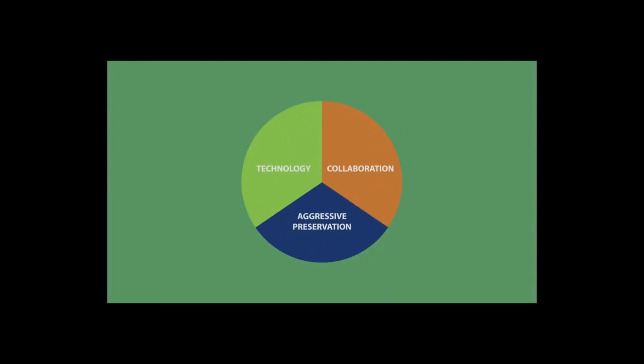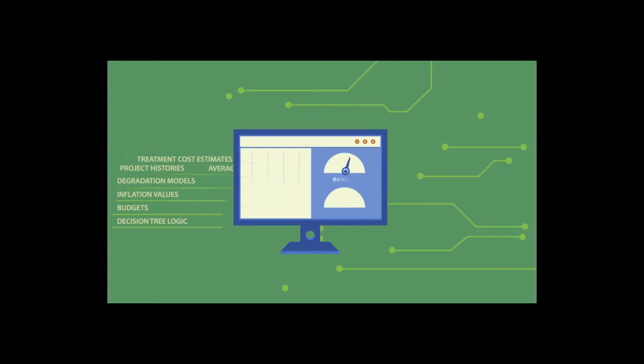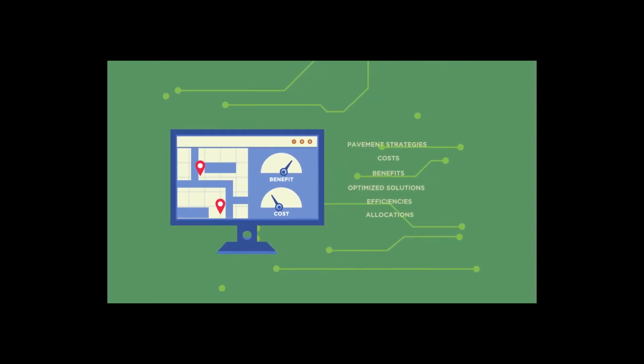So how does ODOT do this? Especially since repair costs have gone up, but funding has not. Through a carefully planned strategy involving technology, collaboration, and aggressive preservation. Using highly advanced software, ODOT measures a wide range of data related to roads and bridges. Then we calculate maintenance priorities across the state, focusing on the highest benefits for the lowest cost.